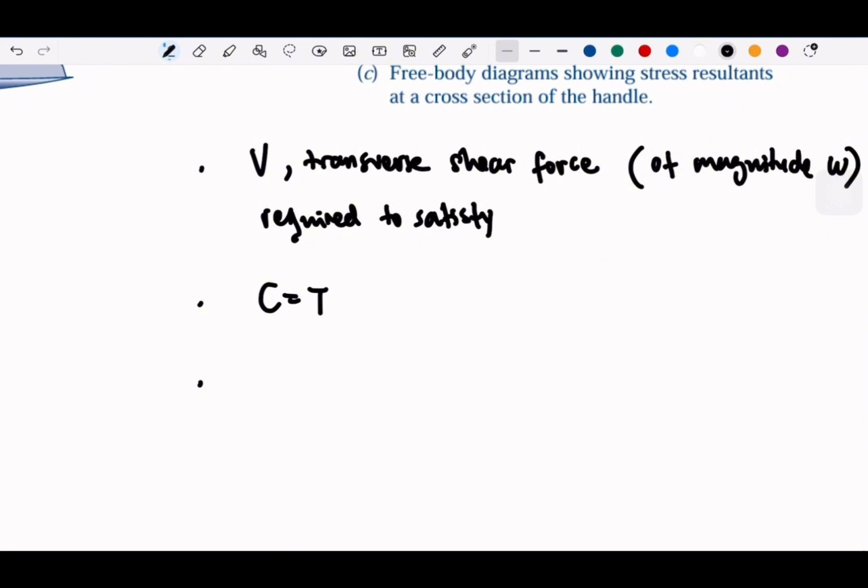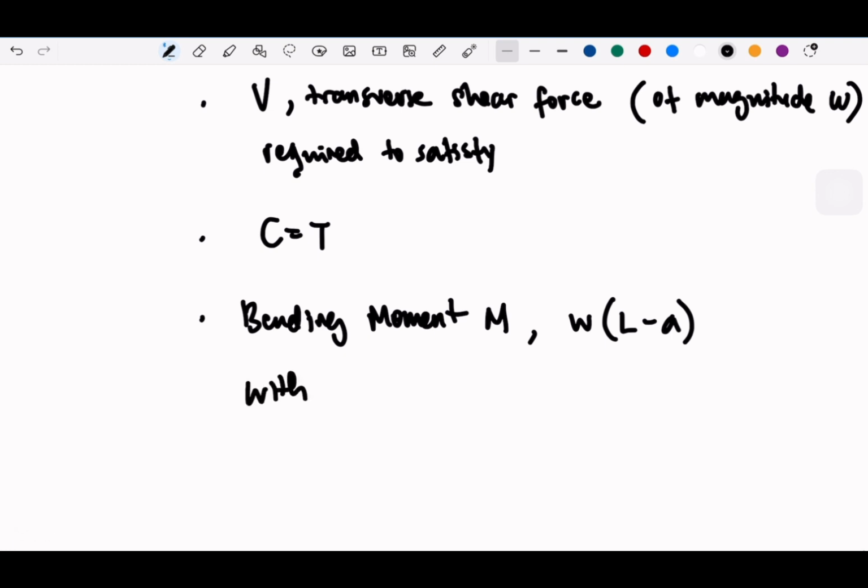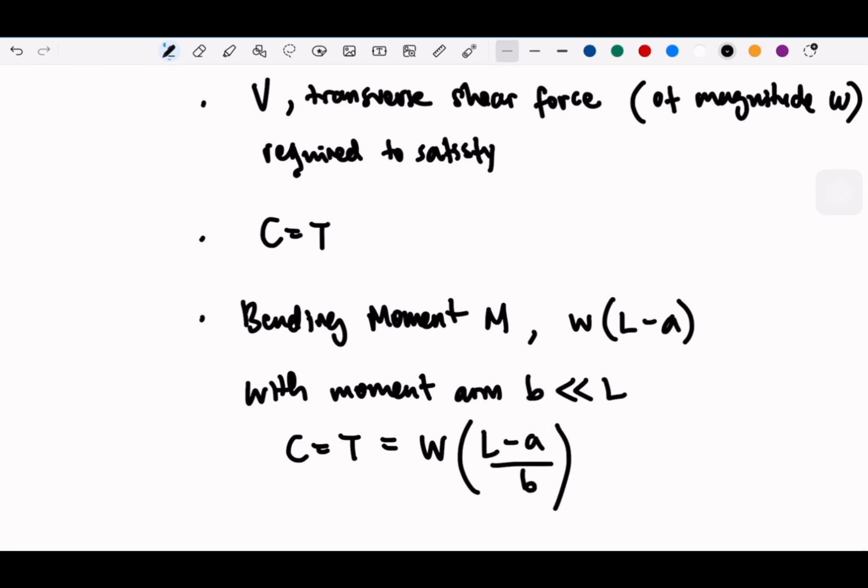Then we have the bending moment M, which is the couple of W, L minus A, with moment arm, let's say B, that is less than L. Then C equals T, which equals W(L minus A) over B. So we need compressive and tensile normal stress, with the same magnitude for C and T, that is greater than W.